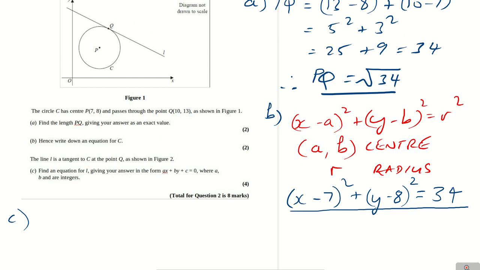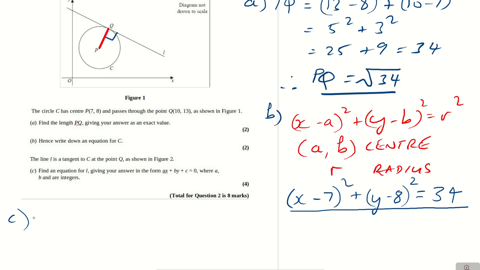And what you need to know is that if I draw a line from P to Q, okay, now that of course is the radius of the circle from P to Q, but the radius will actually be perpendicular. So it will be perpendicular or at right angles to the tangent.